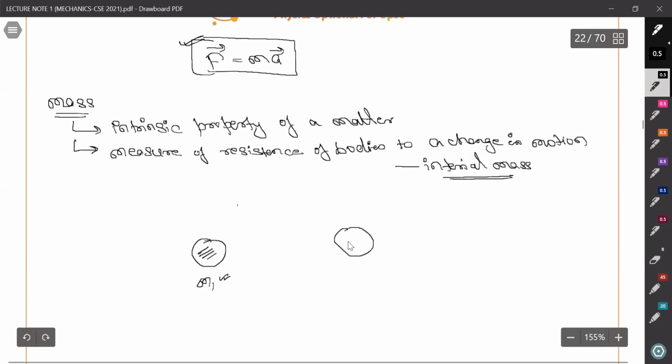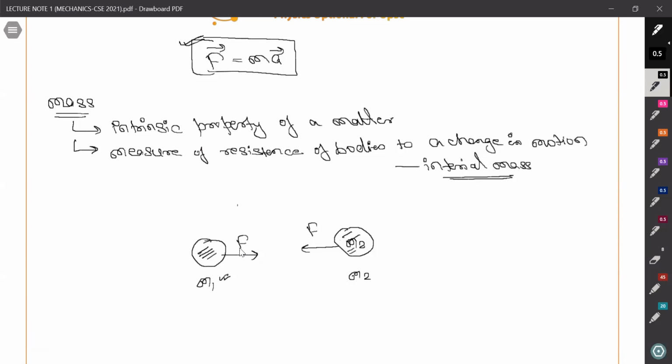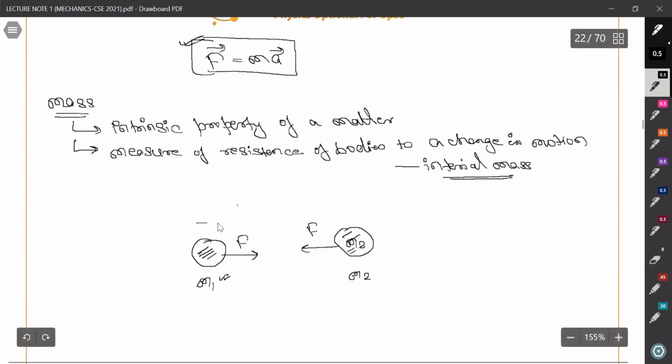And we have m2 here also, and let's suppose they are interacting with the same force. Maybe mutual interaction is there, or we are applying the same force on both of them, and let's suppose one moves with a1 acceleration, the other moves with a2 acceleration.